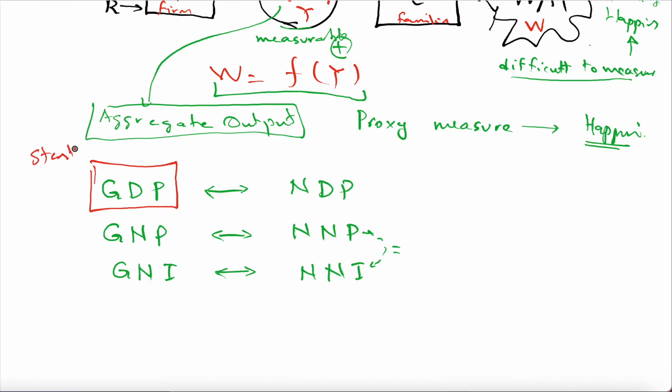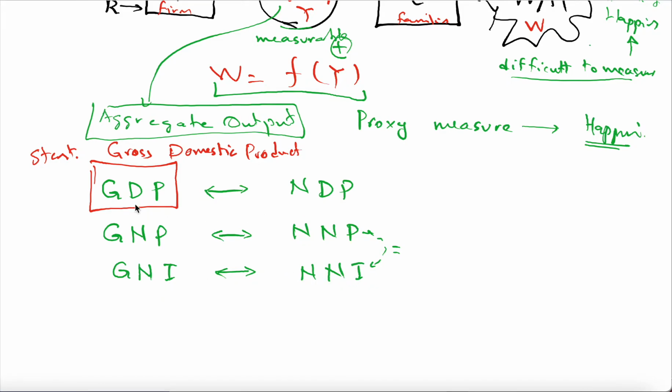The starting point is to start with GDP. So in this chapter, we first start telling you what is the so-called gross domestic product. And of course, we will find the way of calculating gross domestic product. What is this one? Net domestic product. What is this one? Gross national product. What is this one? Net national product. Gross national income, net national income.